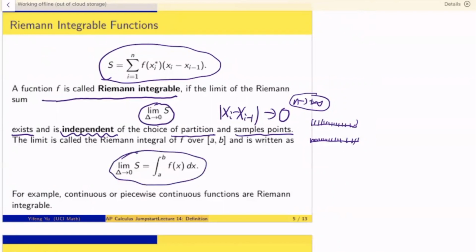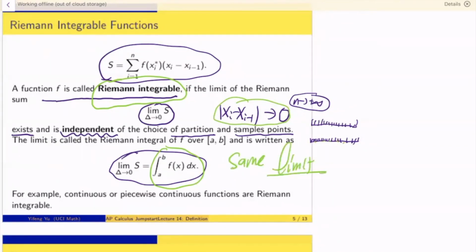If that is the case, we say it's integrable, and this is how we represent the Riemann integral. The point is that the limit of the Riemann sum exists, and as long as the step size goes down to 0, it's the same limit.